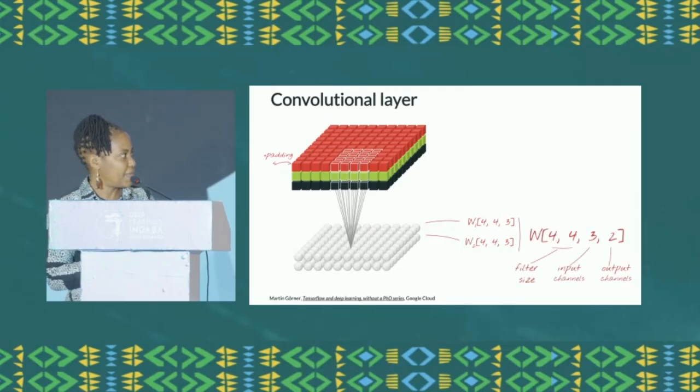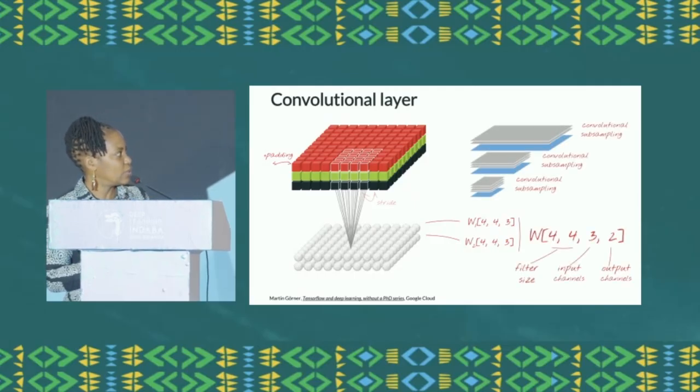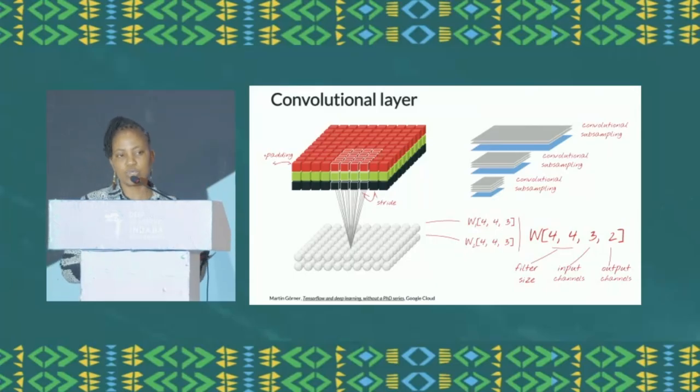The other key parameter on the convolution layer is the stride, which controls how many pixels the filter moves over the image. If the stride is 1, it means the filter moves 1 pixel at a time over the image.